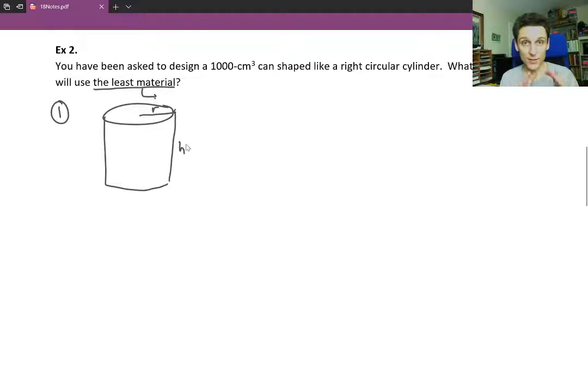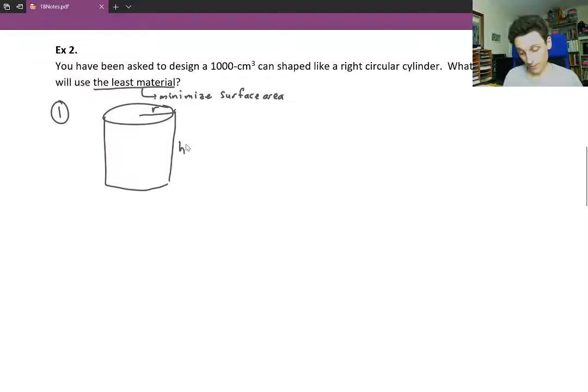So that's really talking about the surface area of the can. And the least means we're going to minimize. Not minizime, but minimize. Going to minimize the surface area.